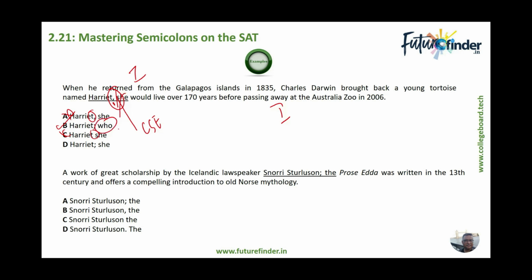We are not changing this word, so it has got to be a D, not a B, right? The answer should be D because there is a "who" and there is a "she." I didn't notice that in the answer choices. Be very careful, because we see a semicolon and we jump onto the answer, and it might be wrong because they have changed this kind of a word. So the correct answer should be D.